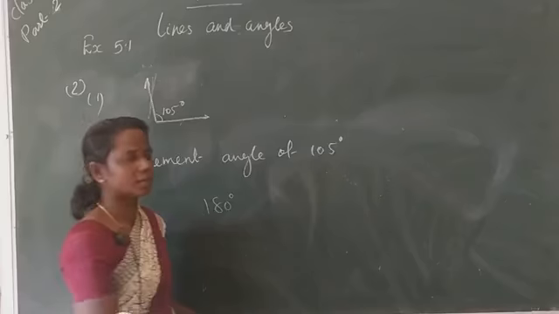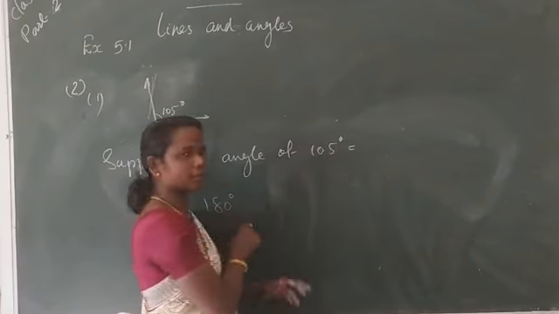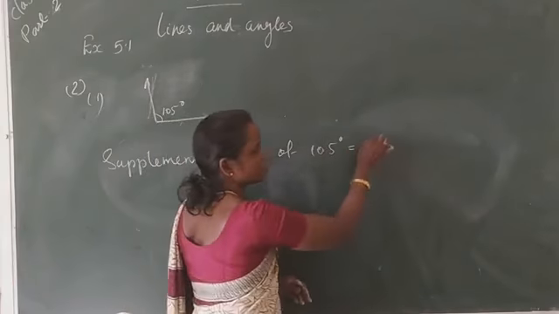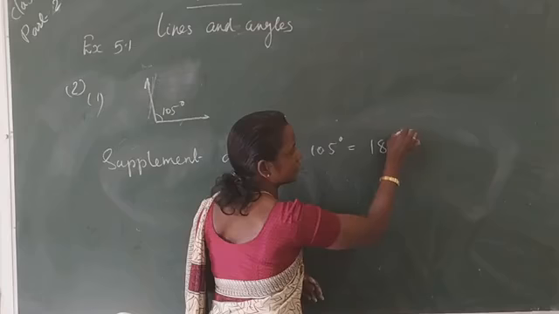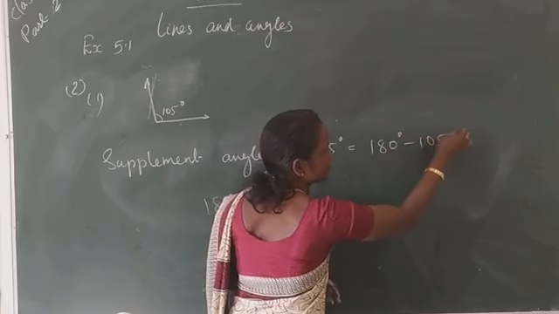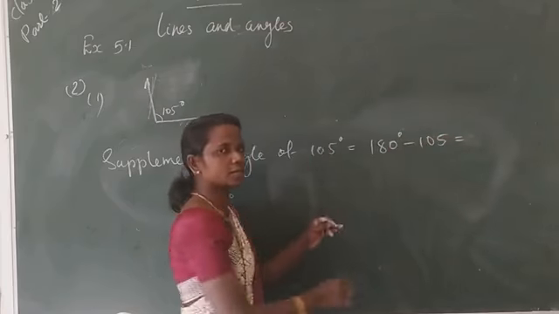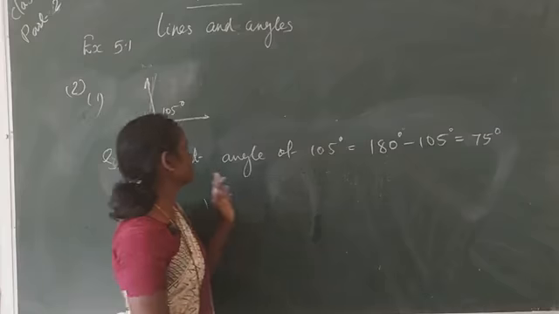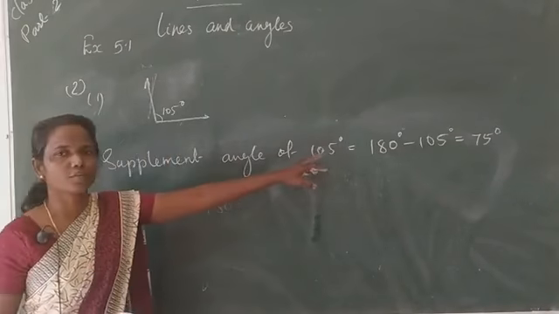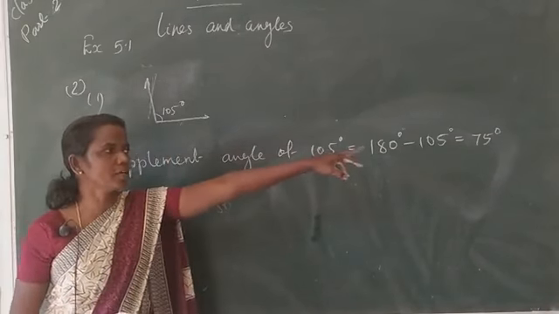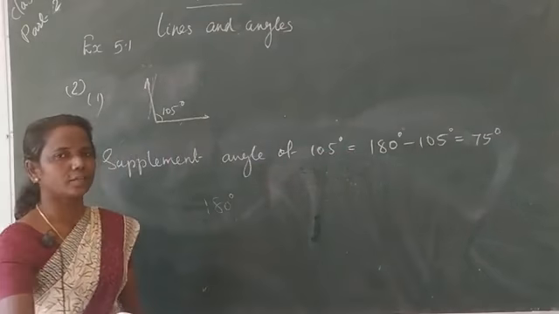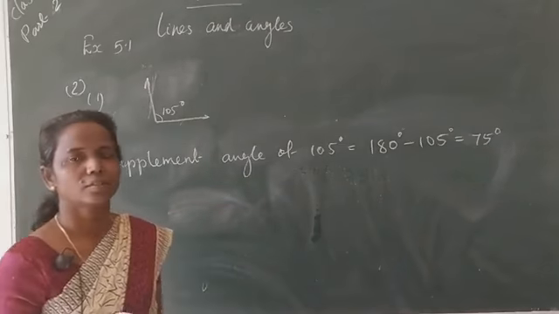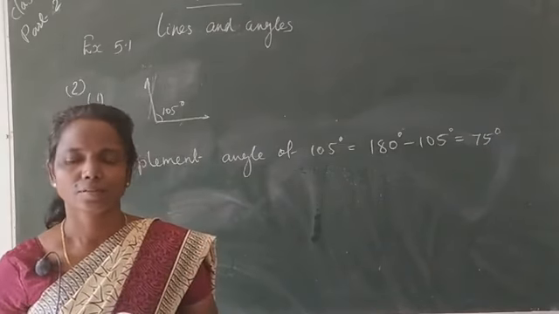To find the other angle, 180 degrees minus 105 degrees is equal to 75 degrees. So the supplement of 105 degrees is 75 degrees. For the next two questions, you can use this same method.